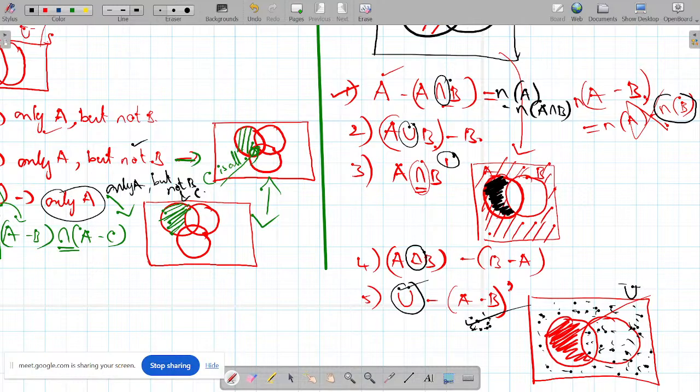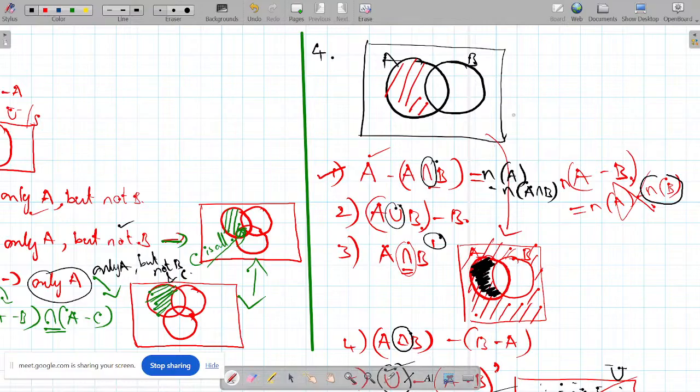That only we are removing. You're not worried about this space. From A, I'm removing only the part of B present in A. That's the definition: A minus B means A is there, and any elements of B present in A are removed from it. So you should not take n of A minus n of B here.